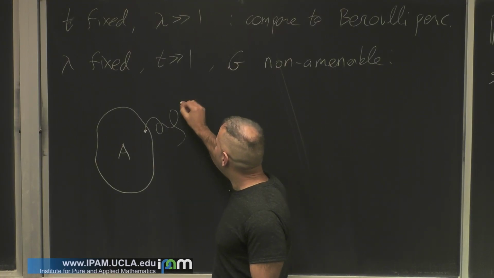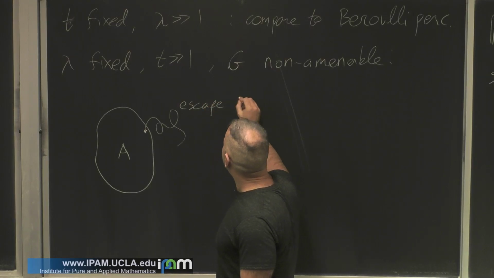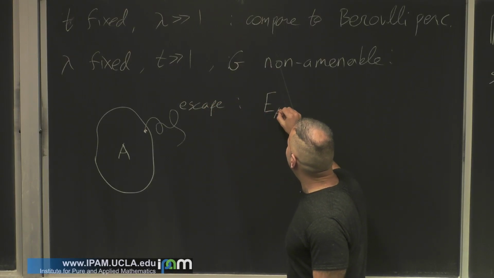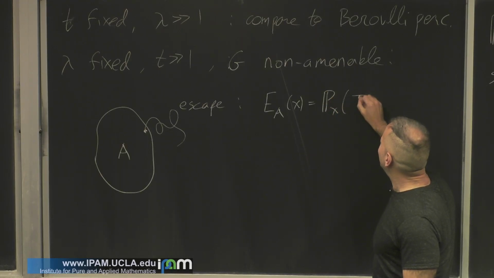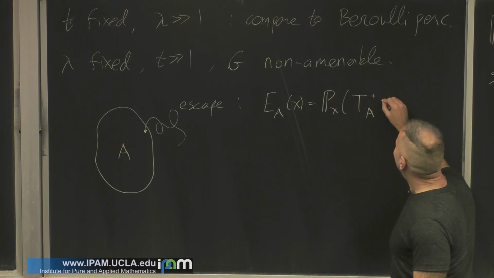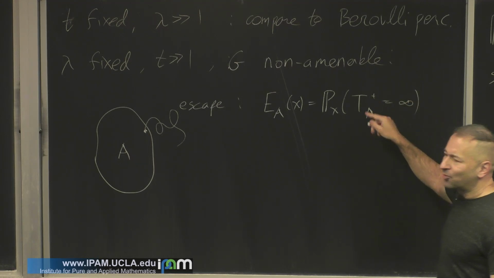So this is the escape probability, let's call it e_A(x). So this is the probability, starting at x, that the hitting time, the return time to A, is infinite.